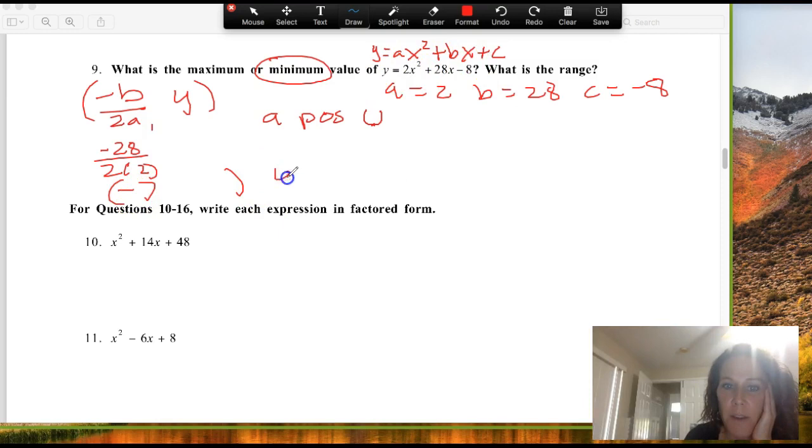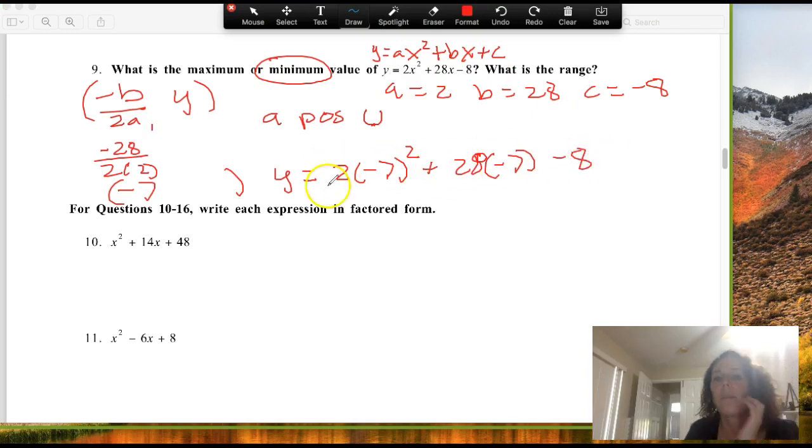So y equals 2 times (-7)² plus 28 times -7, minus 8. Just do the math on this and you're going to get y equal to -106. And that will be the y value of your vertex.